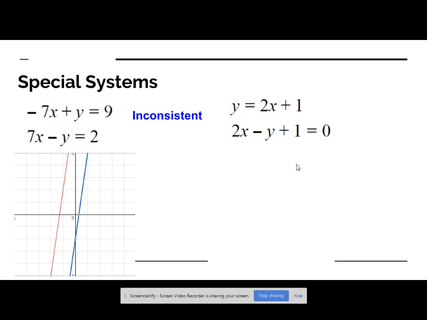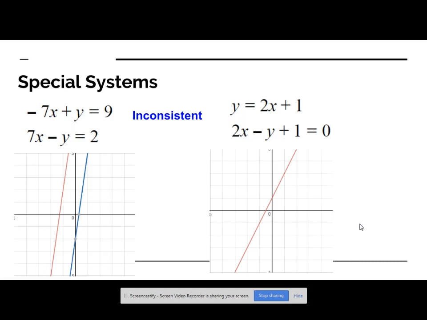That's always true. If you graph these two equations, it looks like this. And it doesn't look like I have two equations on there, but they're the exact same line. You've got y equals 2x plus 1. If you got y by itself here, if you added y to both sides, you'd also get 2x plus 1 equals y. You'd get the exact same equation.